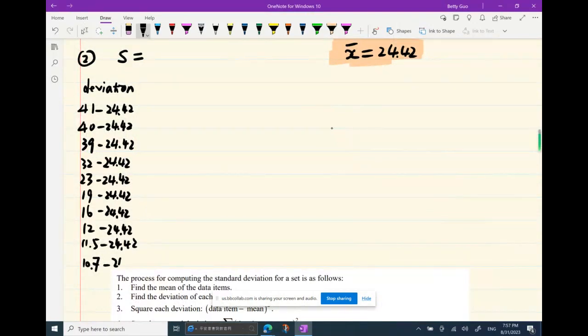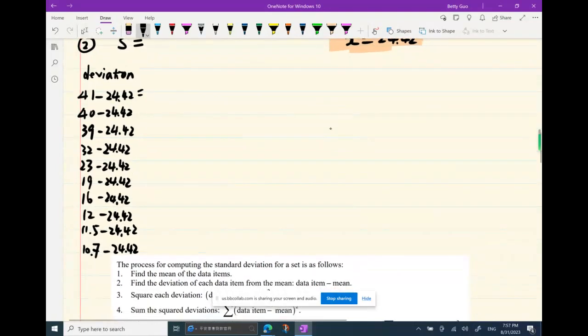Let's see what is the difference. And then in the second column, I'm going to do the square of the deviations. Deviation squared, okay? So this is the table. I'm using my calculator. 41 minus 24.42.